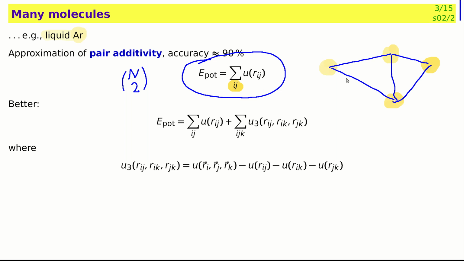Unfortunately, because of the same reason as explained before, that is, the London dispersion forces originate from fluctuating dipoles and a response of this fluctuating dipole with other molecules, we have also a three-body force between these.